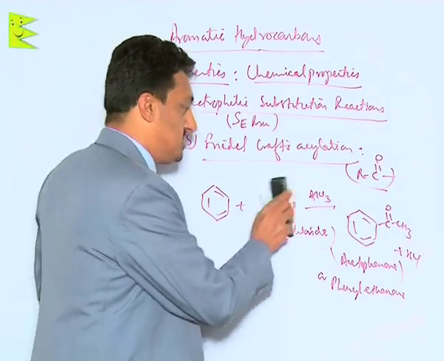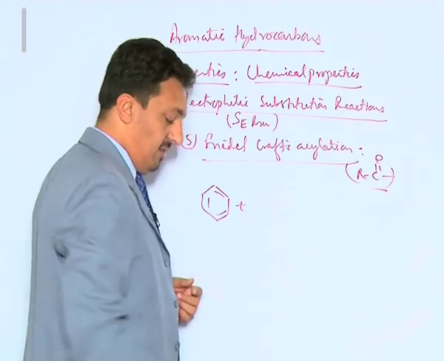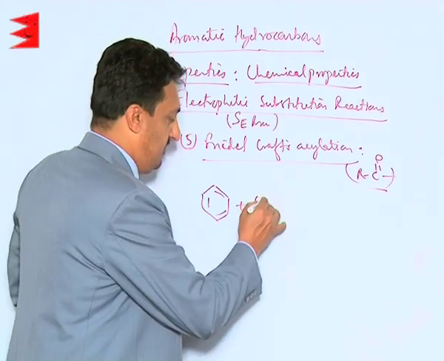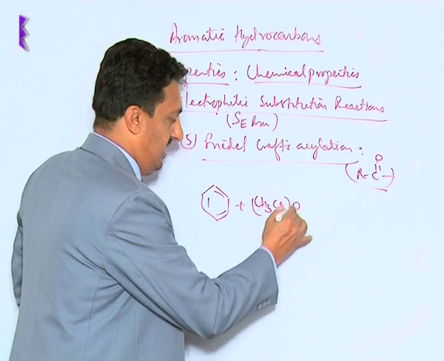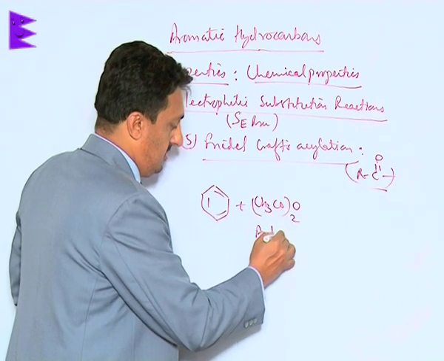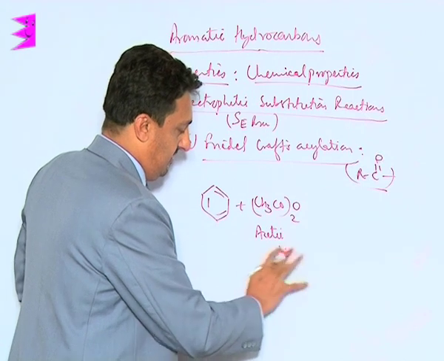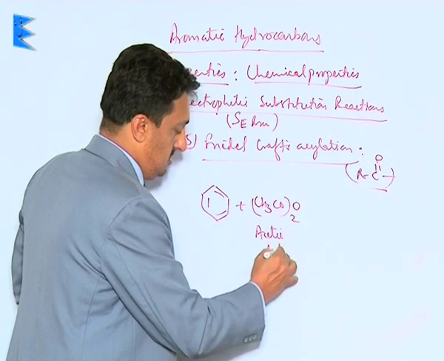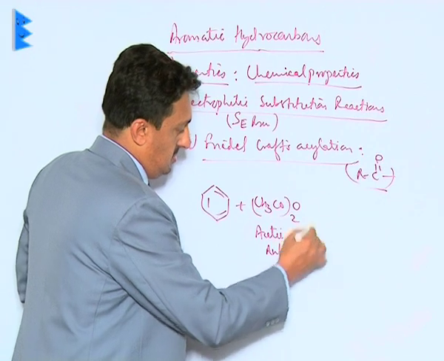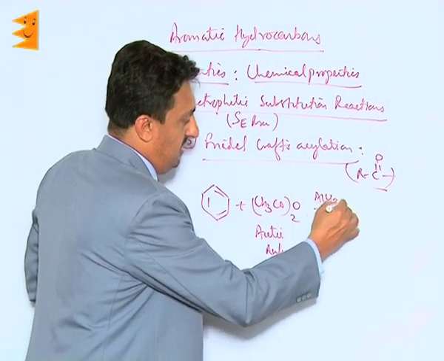We can also use anhydrides in place of acetyl chlorides, like if we are taking acetic anhydride. Acetic anhydride can also be used with AlCl3.